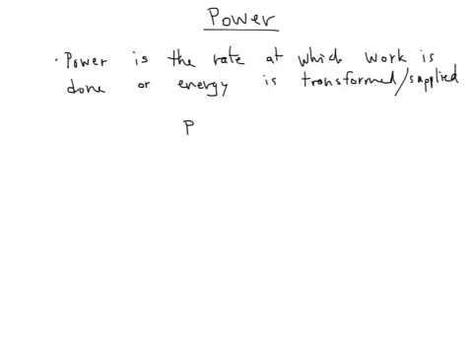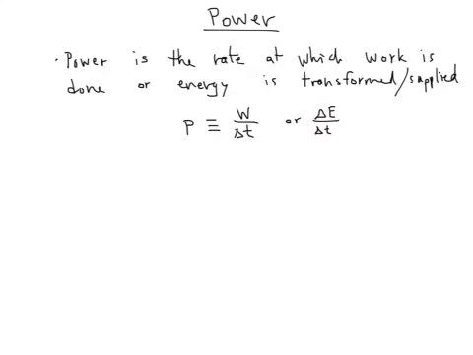The equation for power is defined as the work done over time, or as the energy. We should probably say delta E. We're going to learn more about energy. We haven't learned about it yet. But it's the amount of energy transformed, the change in energy, or the amount of energy supplied, the amount put into a system over the time it took for that energy to be put into the system.